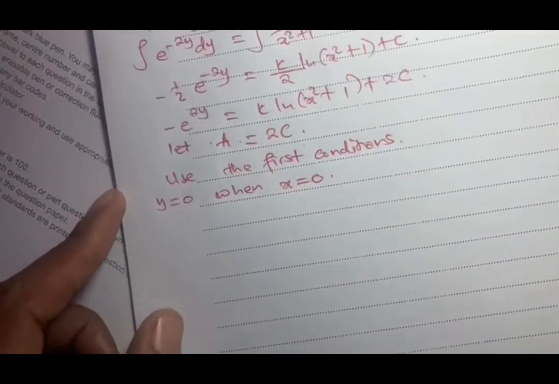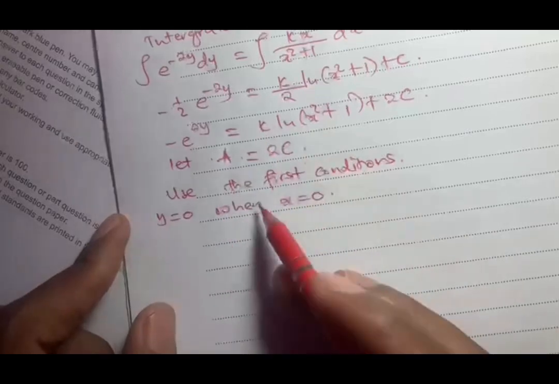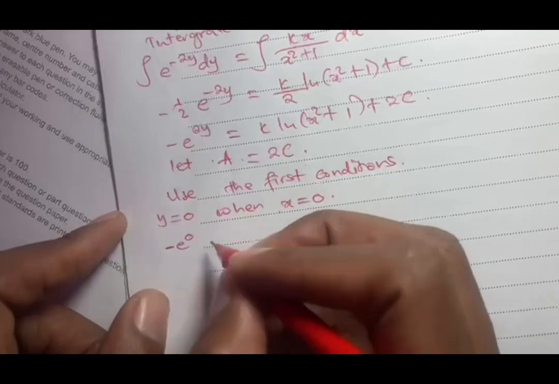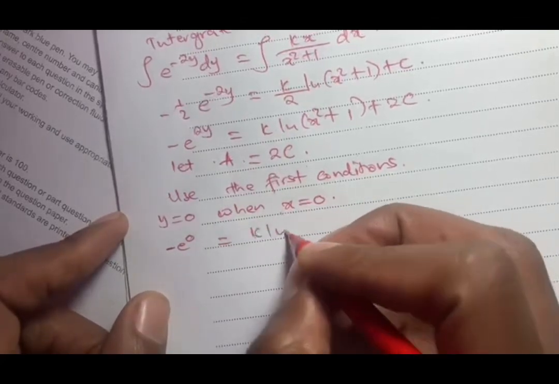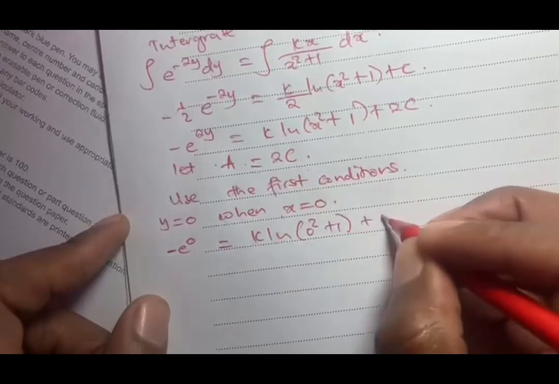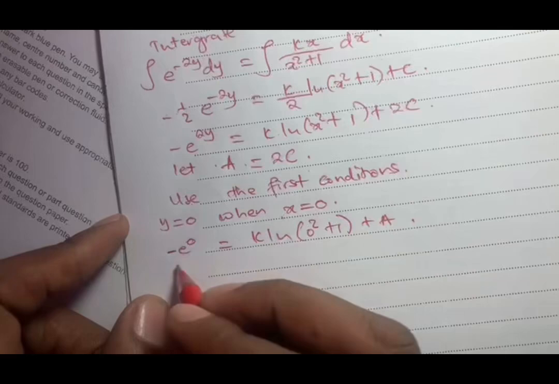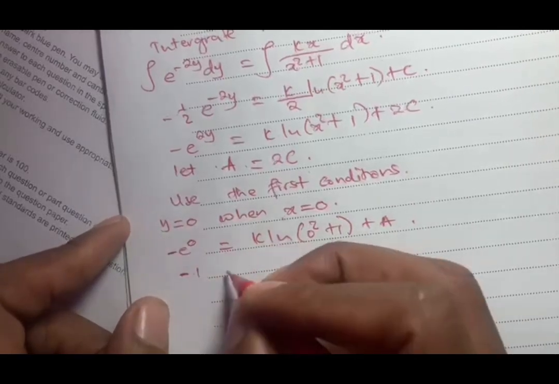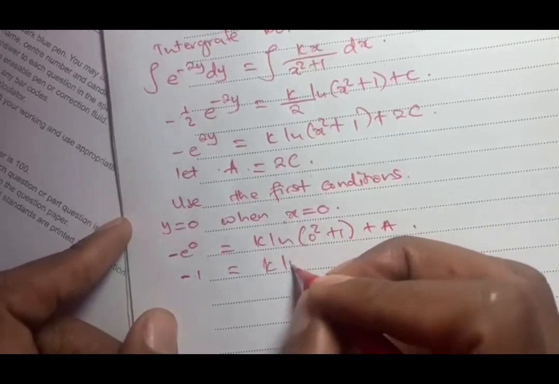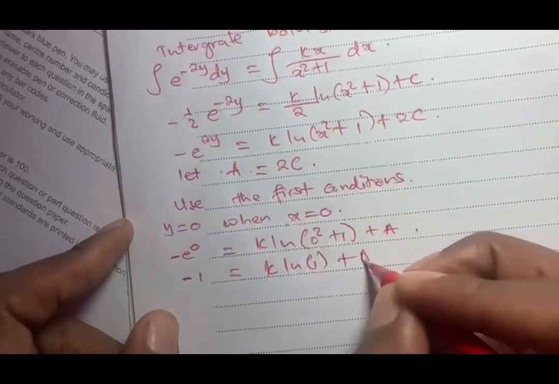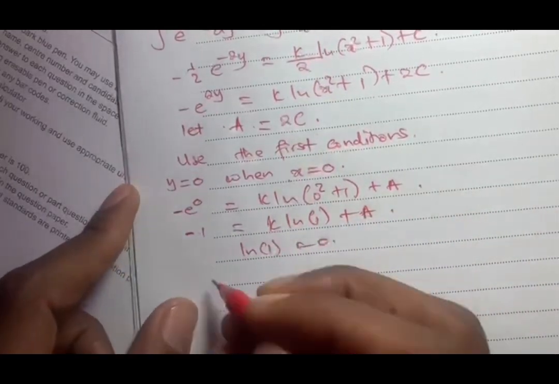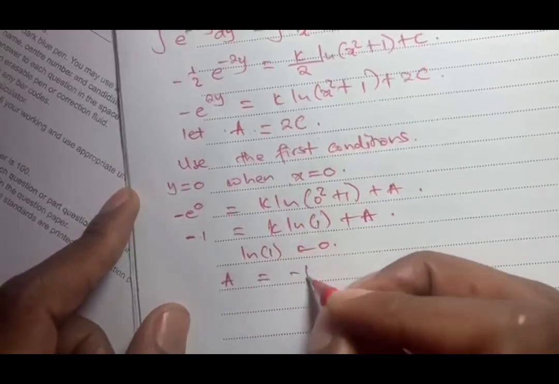So I can substitute into my equation to get minus e to the power of 0 equal to k ln(0 squared plus 1) plus A. Then minus e to the power of 0 is equal to negative 1, so that equals k ln 1 plus A. But ln 1 is equivalent to 0, so I get A equal to negative 1.